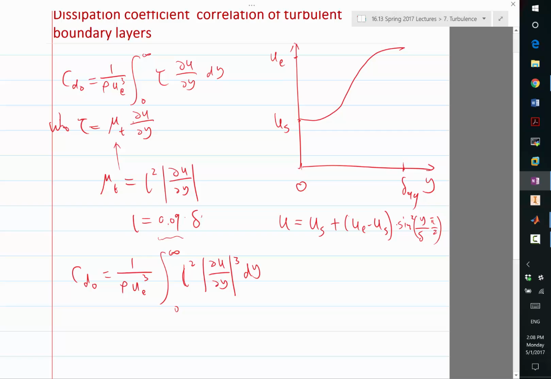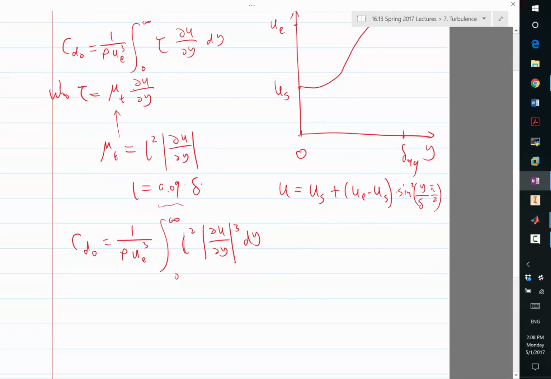Okay, so working it through, you can figure out that the derivative is now proportional to Ue minus Us, right? So you can pull that out of this integral. So what you get is Ue minus Us cubed divided by Ue cubed.